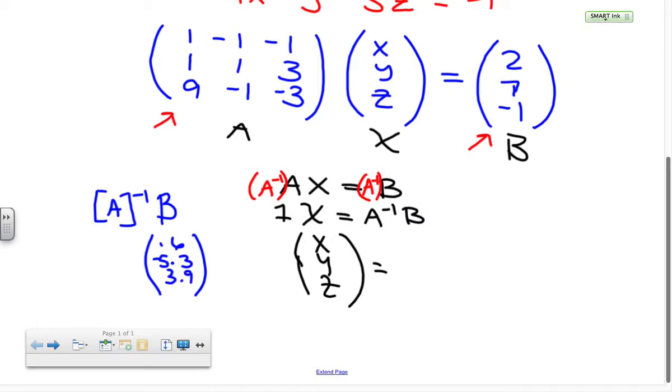And these correspond with X, Y, and Z. So now we've taken what could be a very complicated process, solving a 3 by 3 system of equations, and made it very, very easy.